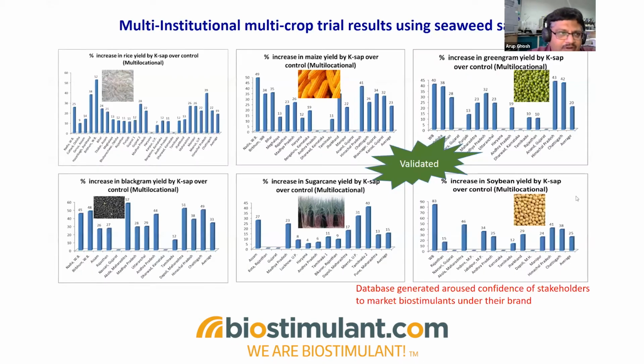For example, in rice crop, which is the most important crop of India, we did it at more than 20 places, and we found modest improvement in yields of the crops in rice, maize, green gram, black gram. These are pulse crops, sugarcane, and soybean, that is the oilseed crop.